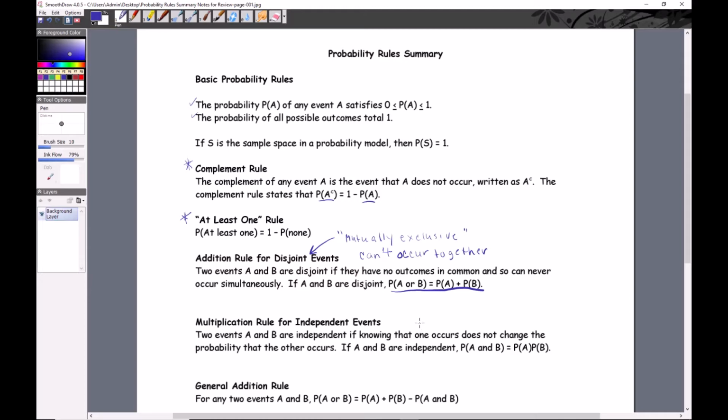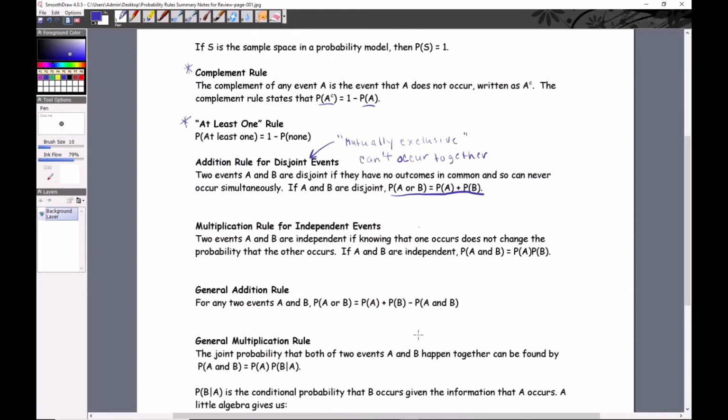All right? Multiplication rules for independent events. Independent, let's just go ahead and distinguish that from disjoint. This means that knowing what happens won't inform you about what happens next.